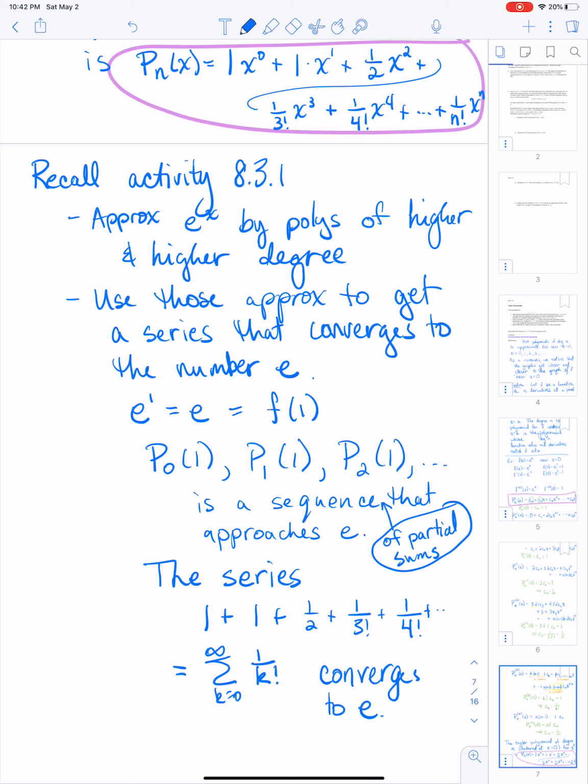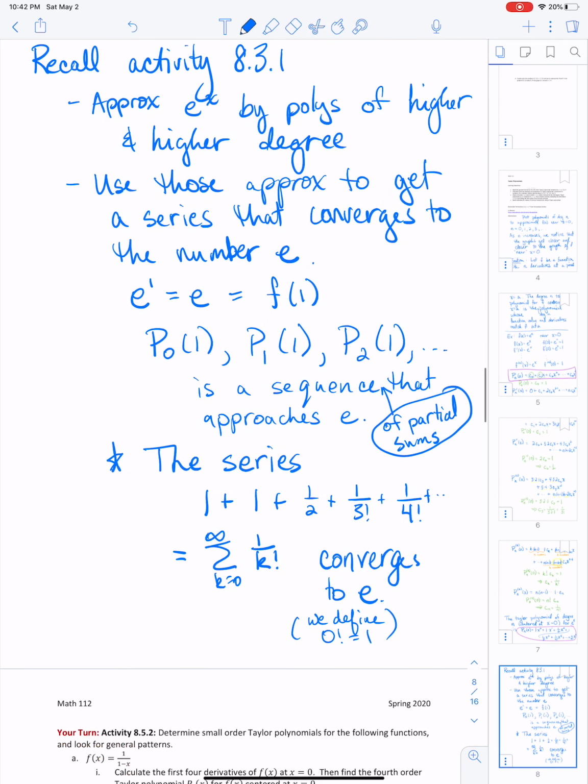And so we used these facts, but we used them just for series of numbers. So we used these approximations to get a series of numbers, which we found converges to e. And if you'll recall here, we define 0 factorial to be equal to 1, so that that first term will make sense there.